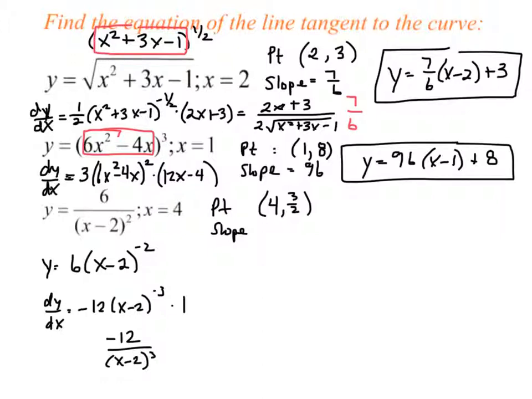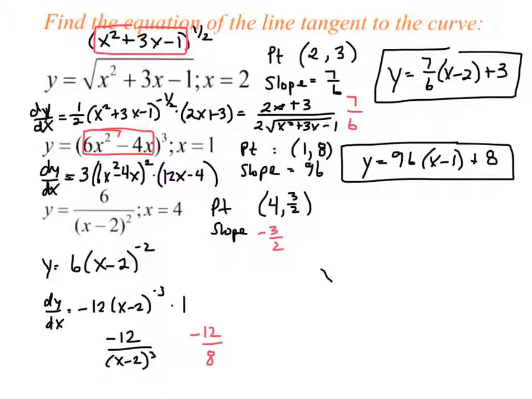Okay. So now I plug in 4, and I get 4 minus 2, that's 2. 2 cubed is 8, so I have negative 12 over 8, which reduces to negative 3/2 is my slope.